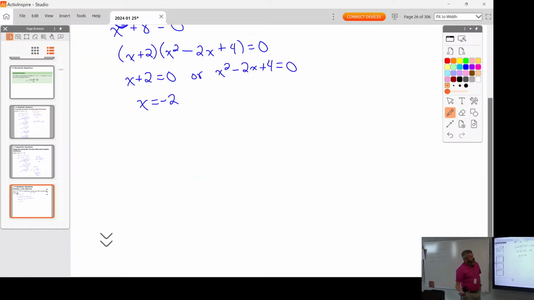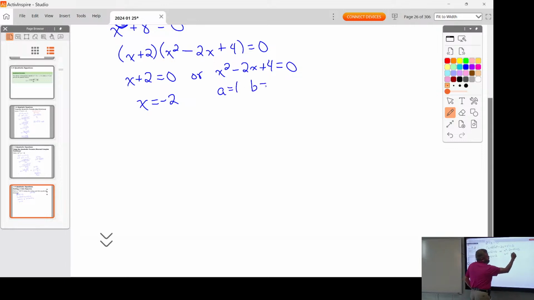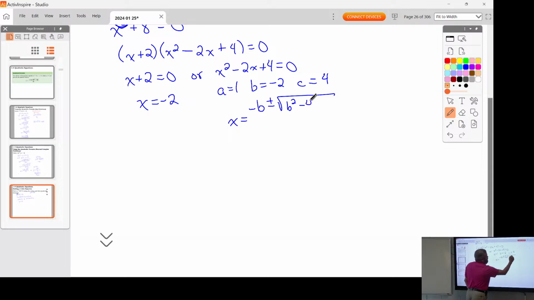All right, quadratic formula. We're going to use A is 1, B is negative 2, and C is 4. X equals negative B plus or minus the square root of b squared minus 4ac over 2a.